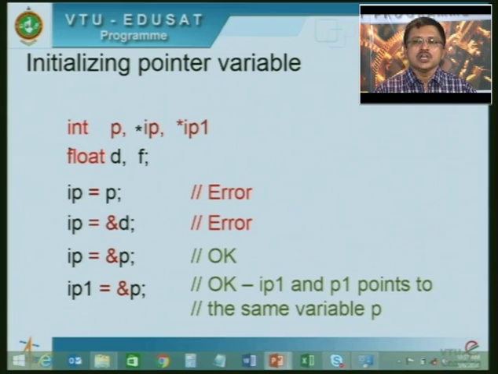There are many occasions where programmers use this power to do multiple things, but as I cautioned previously, whenever I say star IP1 is equal to 10, P is getting modified to 10, but please remember star IP is also modified to 10. That is where pointers lead to complexities, but the same power can be used to write very efficient programs.